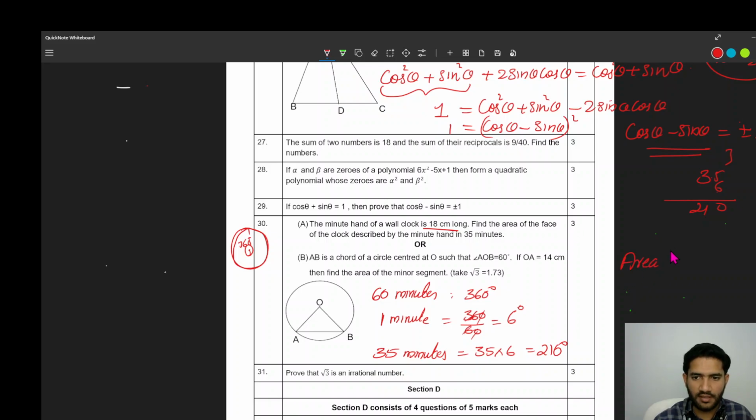So area of the face is equal to area of the sector. We have the formula for area of the sector, that means theta by 360 pi r square. So here theta is 210, 360, pi means 22 by 7.